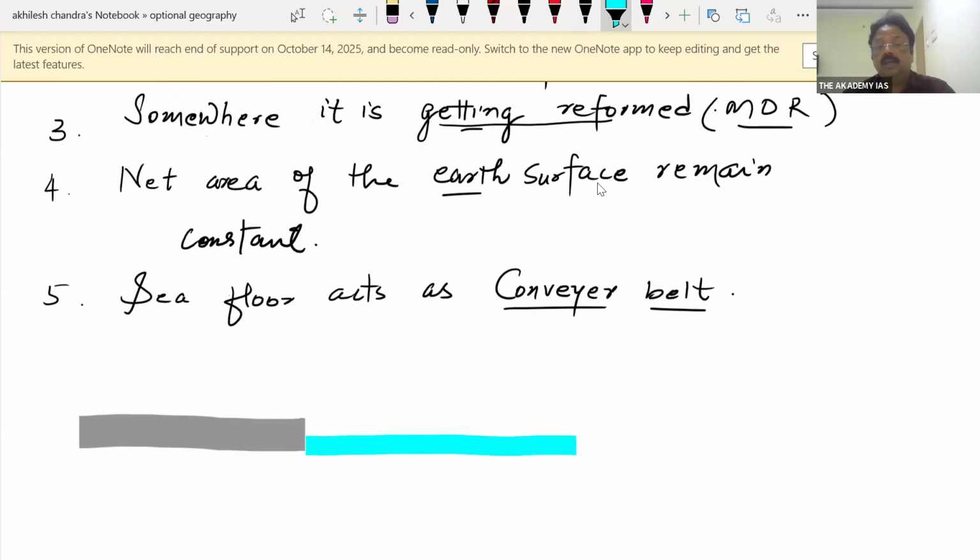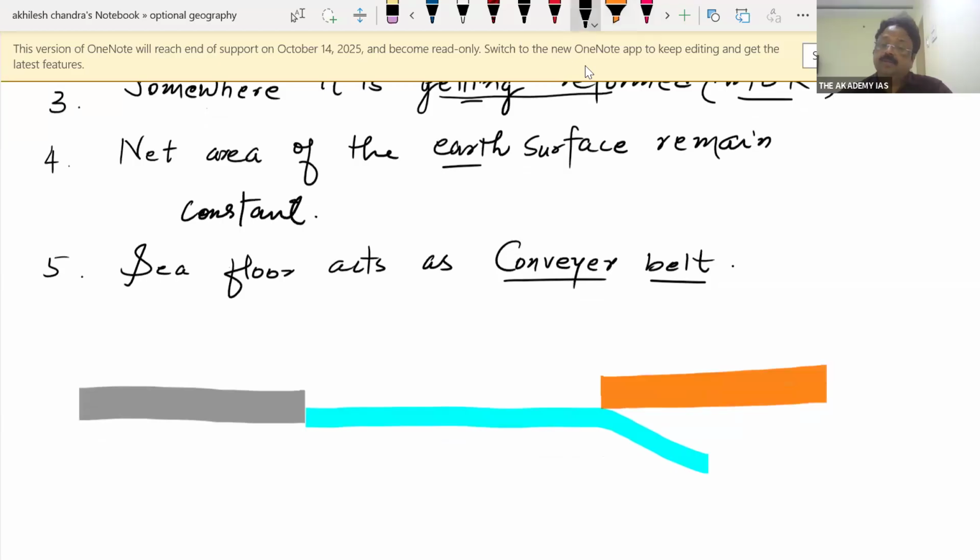And this Tethys Sea was subducting below another continent, that is Eurasia. This is Eurasia. Here it is Gondwana. And this water is of the Tethys Sea.